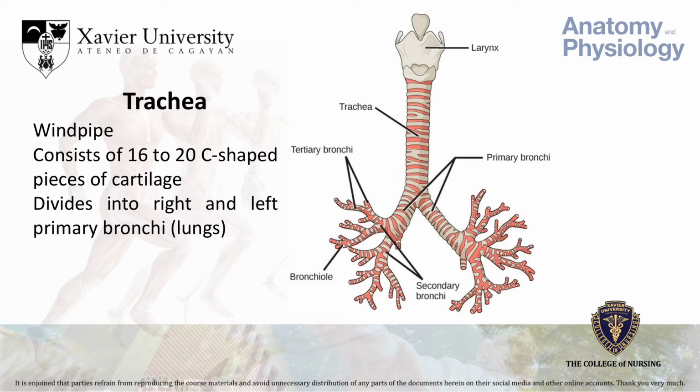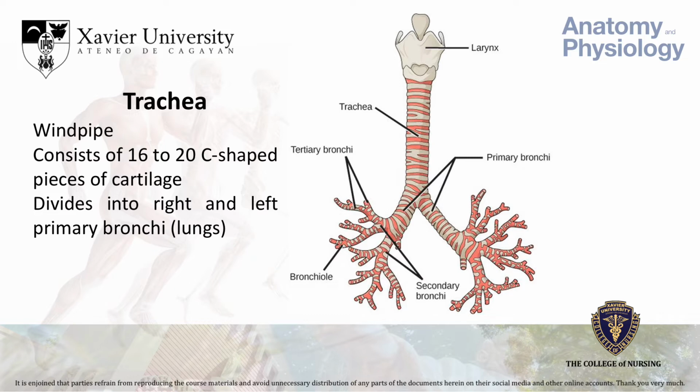Now let's proceed to the trachea, or the windpipe. It allows air to flow into the lungs. It is a membranous tube attached to the larynx. It consists of connective tissue and smooth muscles, reinforced with C-shaped pieces of hyaline cartilage. The adult trachea is about 1.4 to 1.6 centimeters in diameter and about 10 to 11 centimeters long.